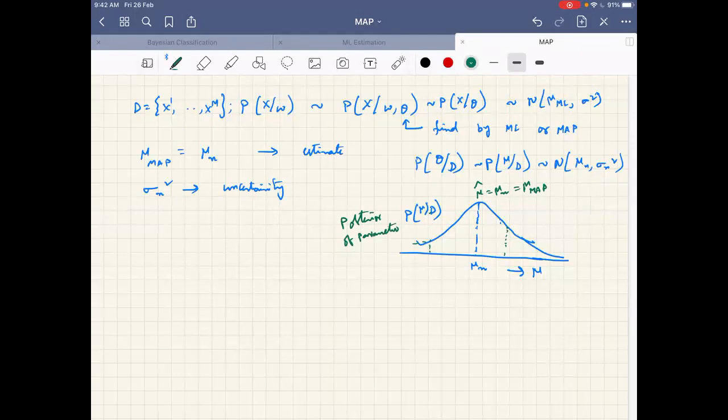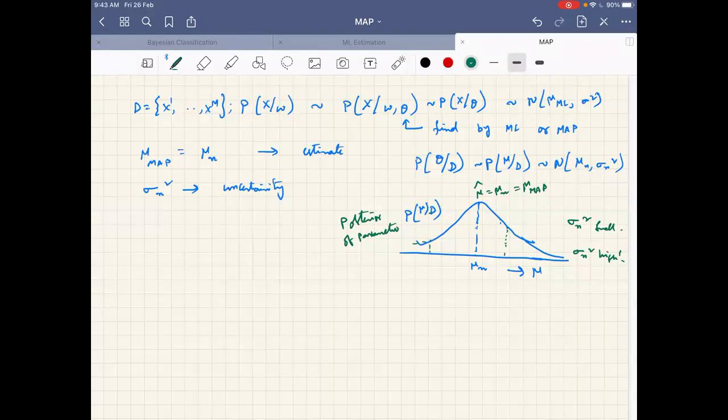Instead of picking only the best mu, I want to make use of other possibilities as well. Assume that sigma n square is small. In that case, I am fine to pick the best possibility. But if sigma n square is high, the best possibility is not too different from the other possibilities. So in that case, picking just mu n, that is mu MAP, is not a very good strategy.